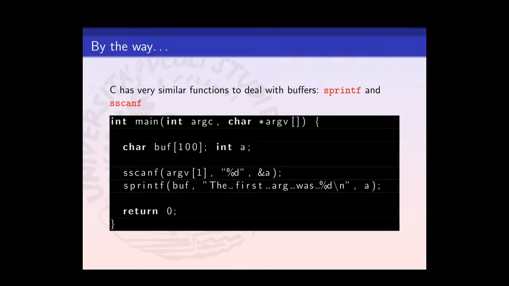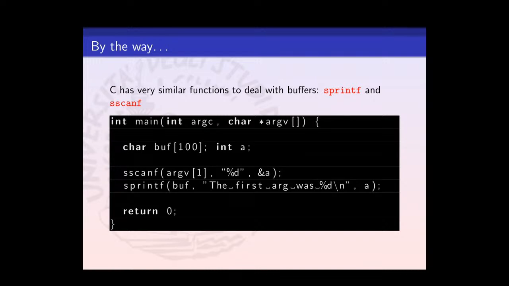Because the second parameter of the sscanf function call is the format text, and you can see it because of the percentage d notation. By writing percentage d, I'm saying that I'm trying to read a decimal number, and the decimal number should be placed into the variable a.